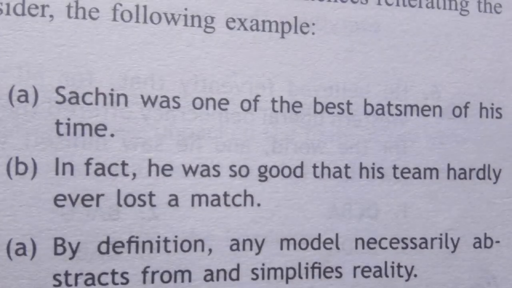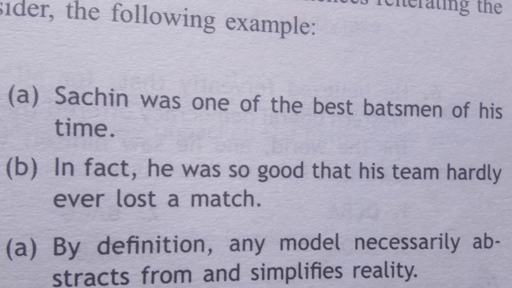Type 9: Idea reiteration. Sentence sequences which use this structure of argumentation will start off by giving a point of view, followed by one or more sentences reiterating the fact. Let's take an example to understand. Sentence first: Sachin was one of the best batsmen of his time. And second: In fact, he was so good that his team hardly ever lost a match.